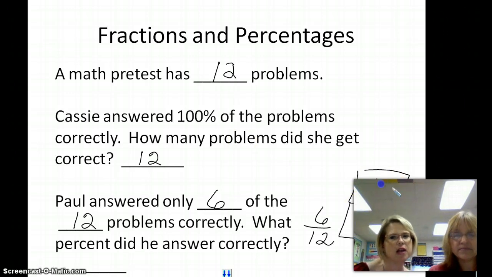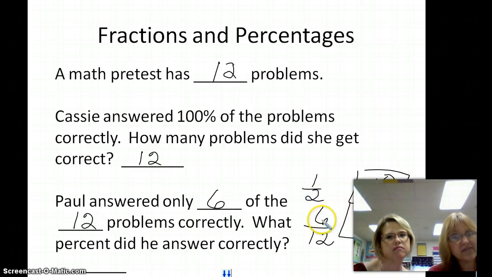Here is what he got correct, and here is what he got wrong. So that would be 1/2, but you're not asking me about a fraction. So what percent did he get if it's 1/2? Half of 100% would be 50%. That's not a very good score. He did horrible. So the fraction 1/2 is equal to 50%.